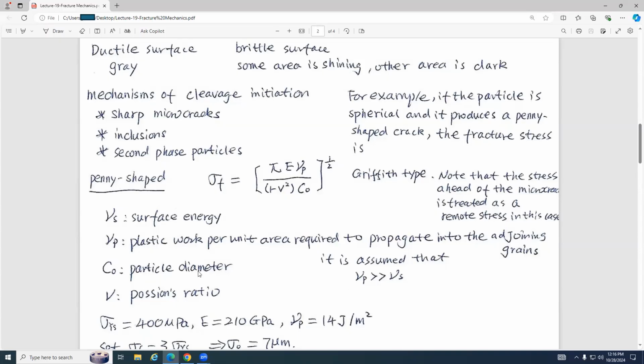And C0 is the particle diameter, and nu here is Poisson's ratio.